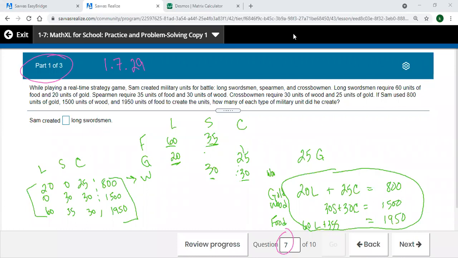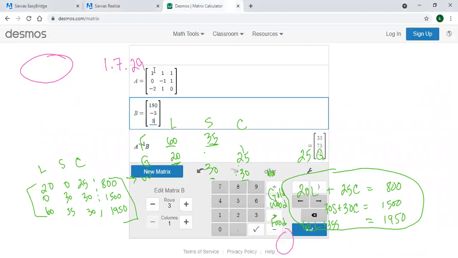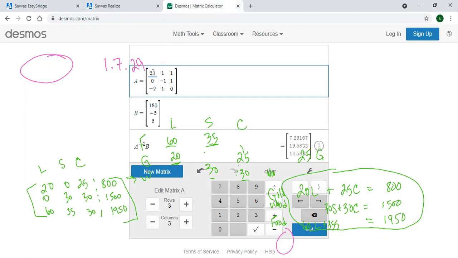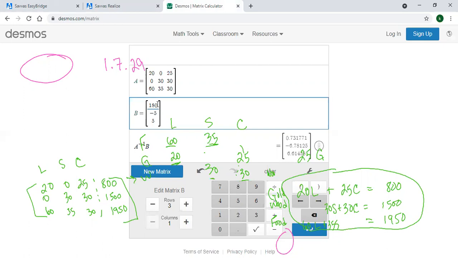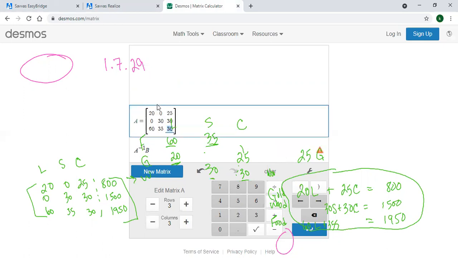Again, I've already got it set up with the 3x3, so it was 20, 0, 25, 0, 30, 30, 60. I'm looking at my matrix in the bottom left as I'm filling this in. 35, 30, and my answer matrix, my augmented side on the far right down there.